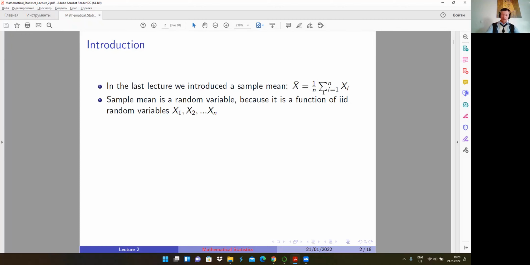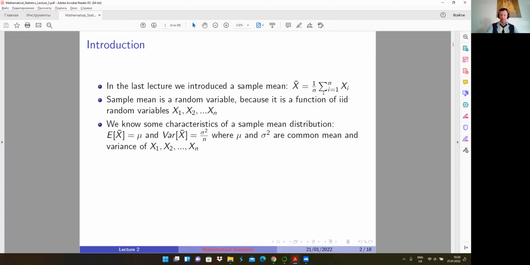So yes, we said that this is random because it is a function of independently identically distributed random variables from x1 to xn.